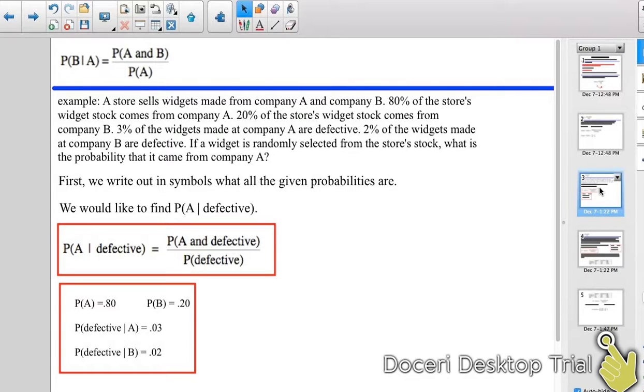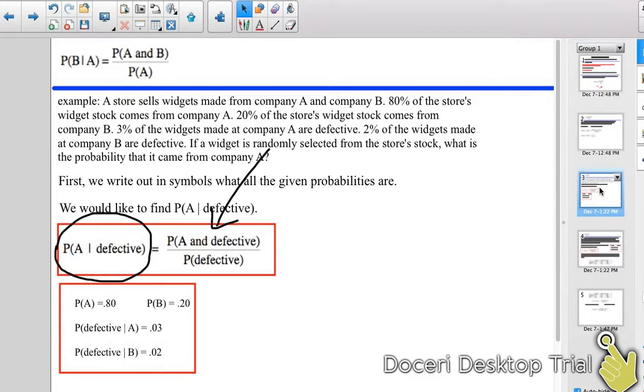I should write that out. Given that it's defective. But that's what we're trying to do. So if we know that a widget is defective, what is the probability it came from Company A? Using the conditional probability formula, that would be the probability of A and defective divided by the probability of defective.